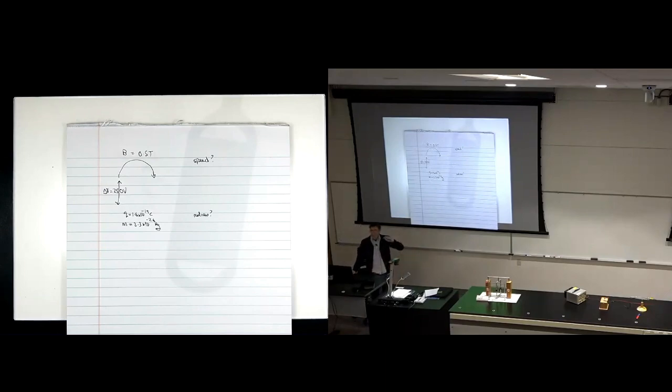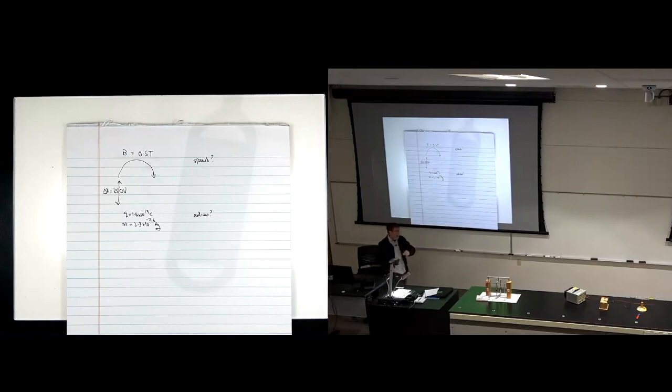If you digest the awful writing, you can digest it into it's telling you some information on the electric part of the problem, the potential difference. On the magnetic part of the problem, the magnetic field, so 250 volts, half a Tesla, and it's telling you about the particle. It told us the charge and mass, and therefore the charge to mass ratio of the particle. So that's the information that is given.